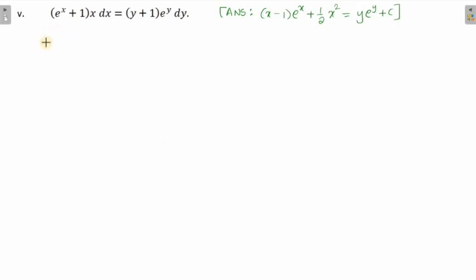First and foremost, do we need to separate the variables out here? No, see here already all the y's are on the right hand side and all the x's are on the left hand side. So just open the bracket.